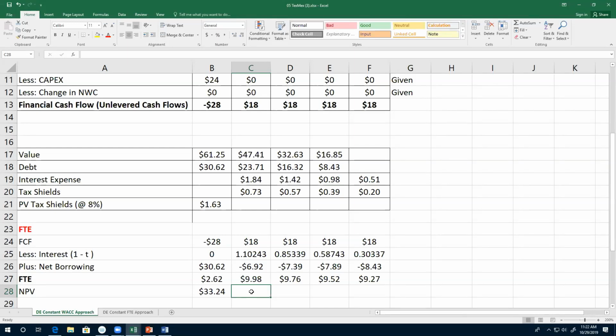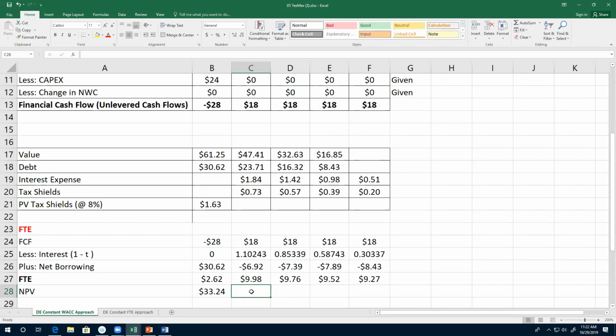This is the amount of money that is required for you to spend over here, that's negative 28. But how much debt are you taking on at the beginning? In order to fund this project, how much debt are you taking on? 30.62. You are taking on more debt than is required to spend on this project in year zero.